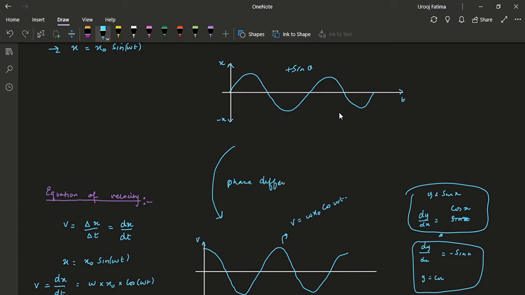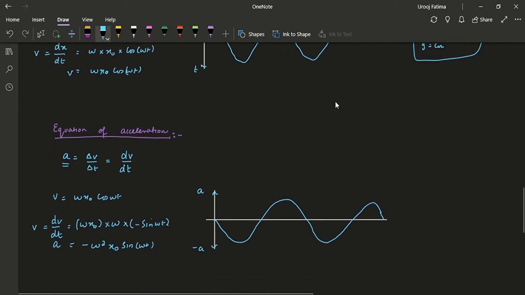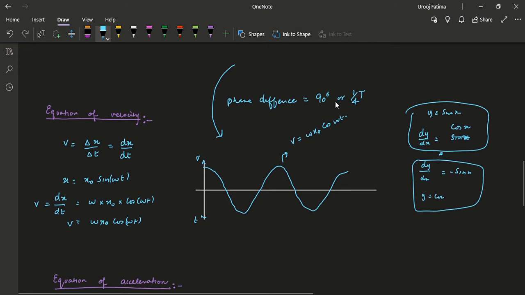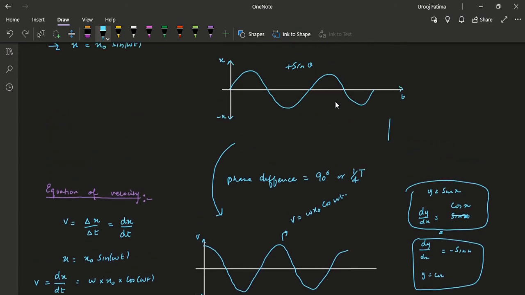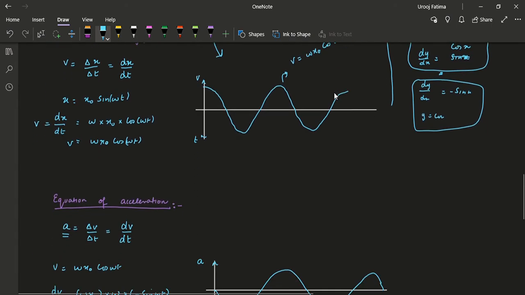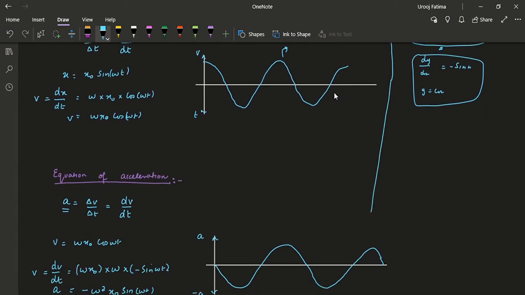And you remember phase difference from your AS level has to be 90 degrees, or a quarter of the time period, whereas here the phase difference between acceleration and displacement is exactly 180 degrees, because it's exactly flipped. So that's what we got to know.